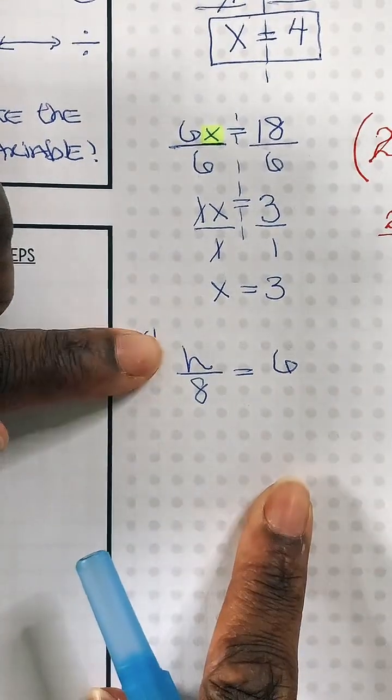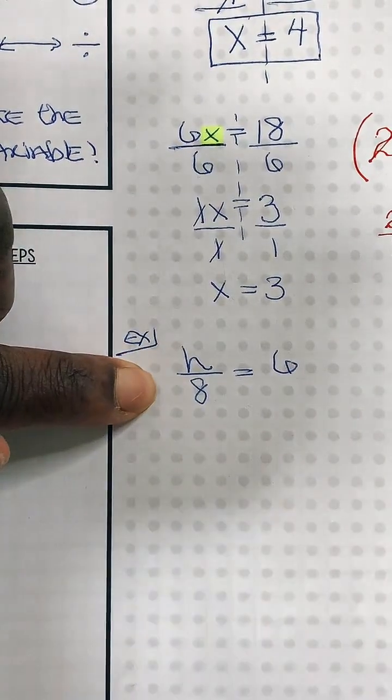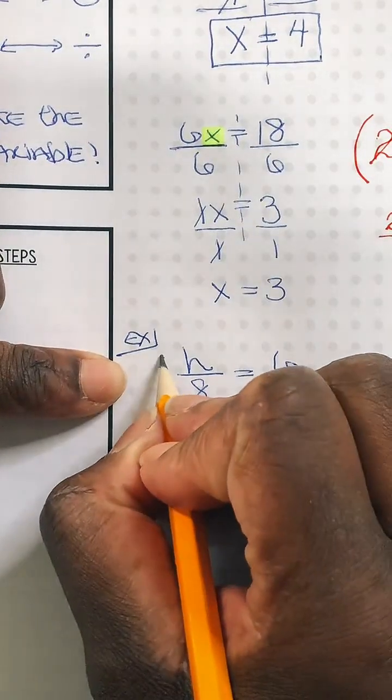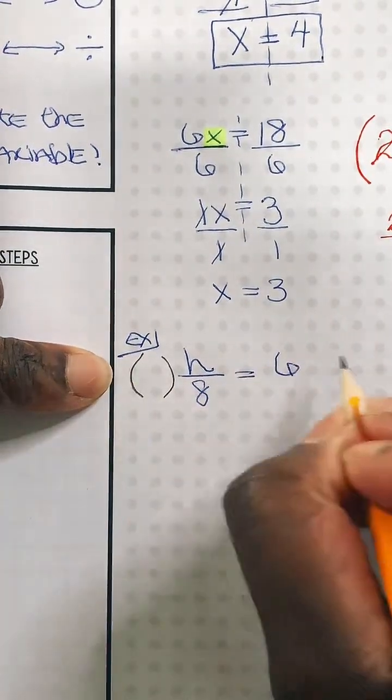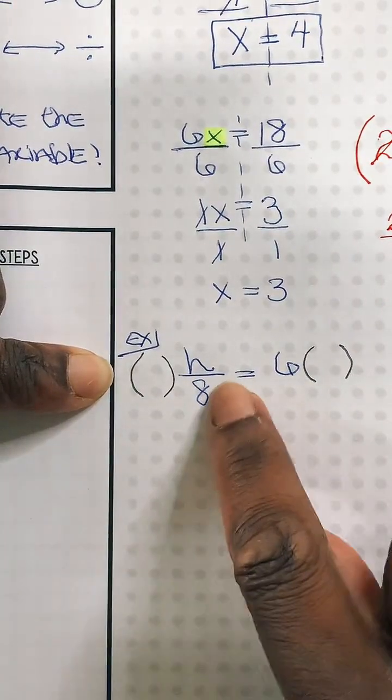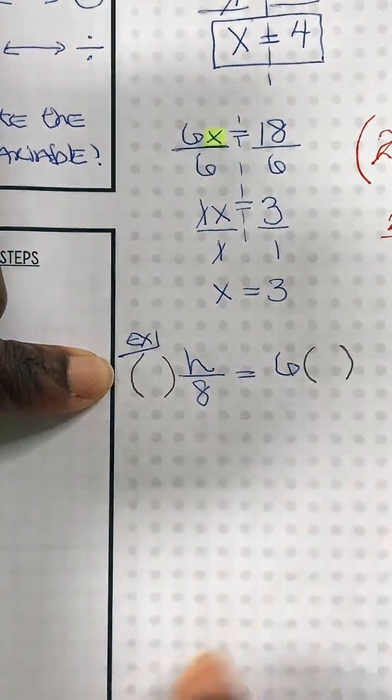Since it's in a fraction, that's division. The inverse of division is multiplication. So we have to multiply both sides by a number to help us isolate the variable.